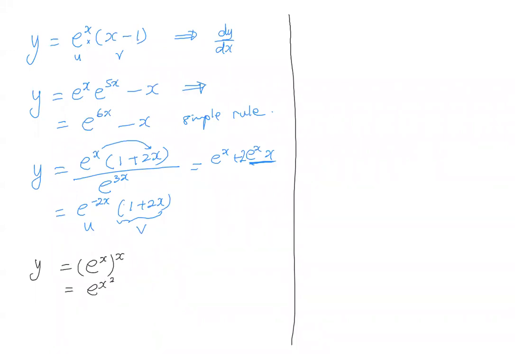So you use simple rule, dy/dx will be copy down the whole thing times the derivative of the power. x times x is x squared. So you have to memorize all your indices laws.